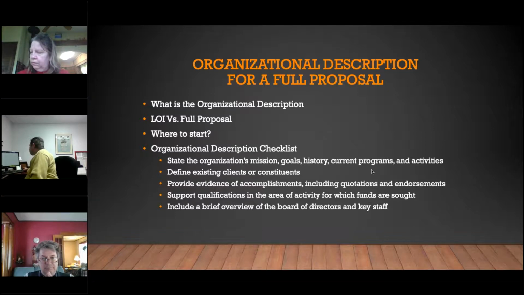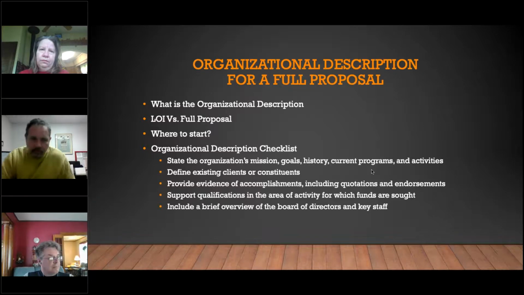You're going to develop 2 adaptations of the history. Both adaptations should refer to or quote from your organization's mission statement. The first should be very short, and you've probably already done that if you've submitted an LOI. The short version will be used for the letter of inquiry and will be quite short.